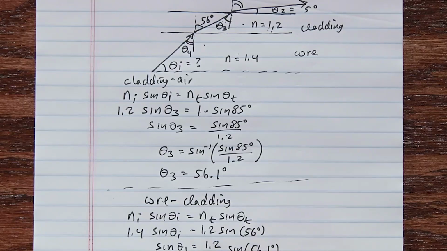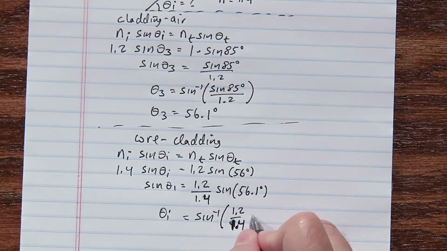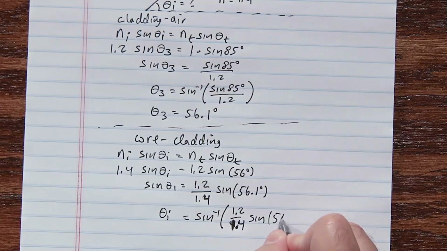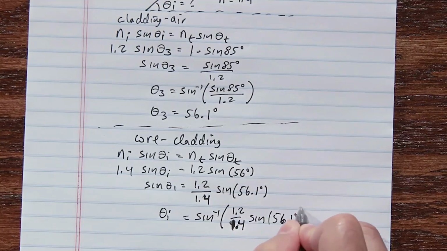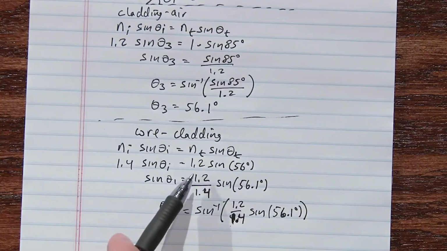by 1.4. There we go. 1.2 divided by 1.4 times the sine of 56.1 degrees. And this is 1.2 divided by 1.4, same as here.